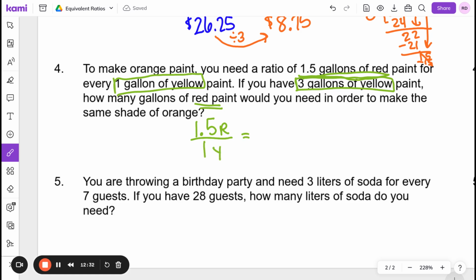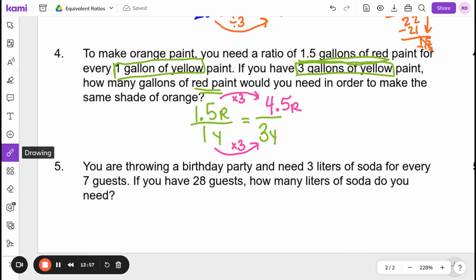The yellow, which is in our denominator position, is going up to 3. So how do we turn a 1 into 3? And that's multiplied by 3. Whatever we do to the bottom, we do to the top. So 1.5 times 3 is 4.5 gallons of red.